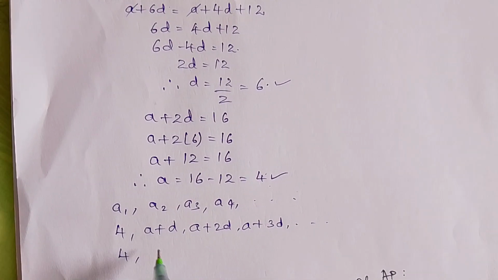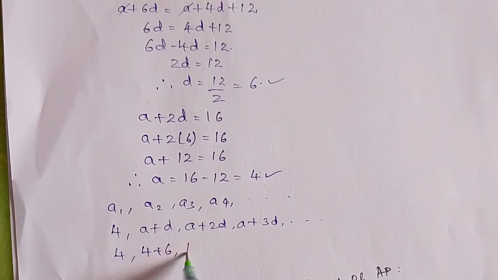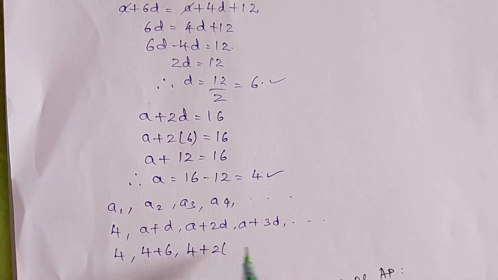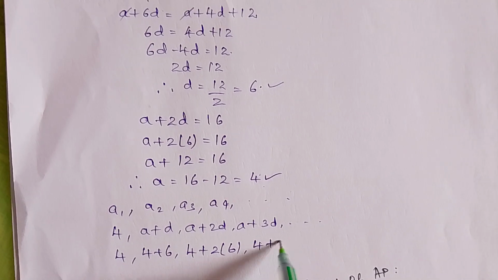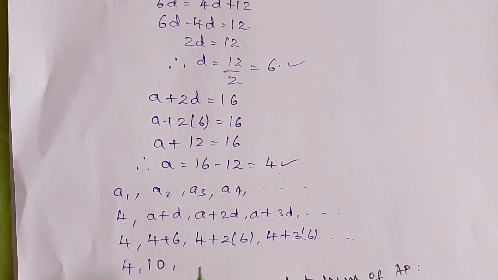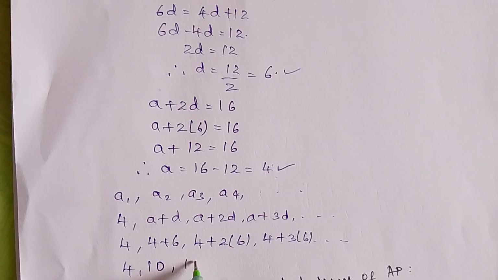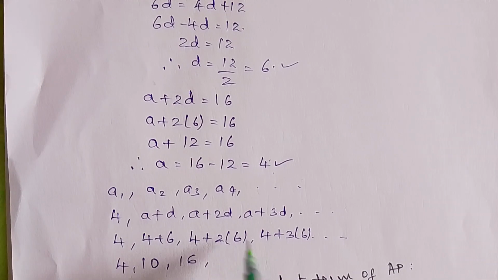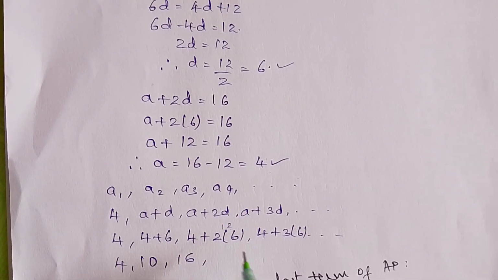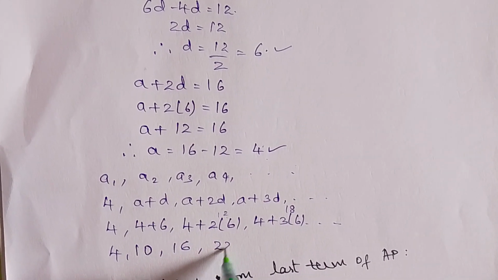So this is 4, A plus D that is 4 plus 6, A plus 2D is 4 plus 2 into 6, and A plus 3D is 4 plus 3 into 6. So 4, 10, 6 2s are 12, 12 plus 4 gives us 16, and 6 3s are 18, 18 plus 4 gives us 22.